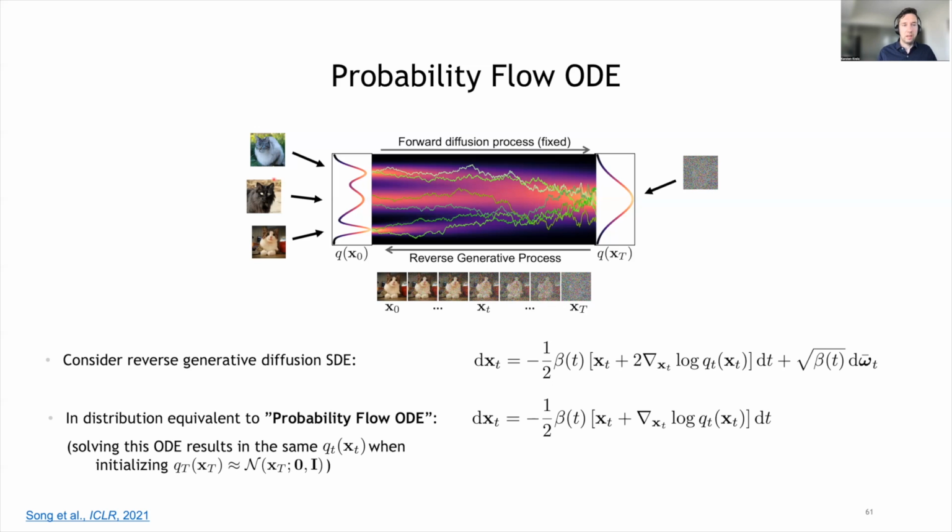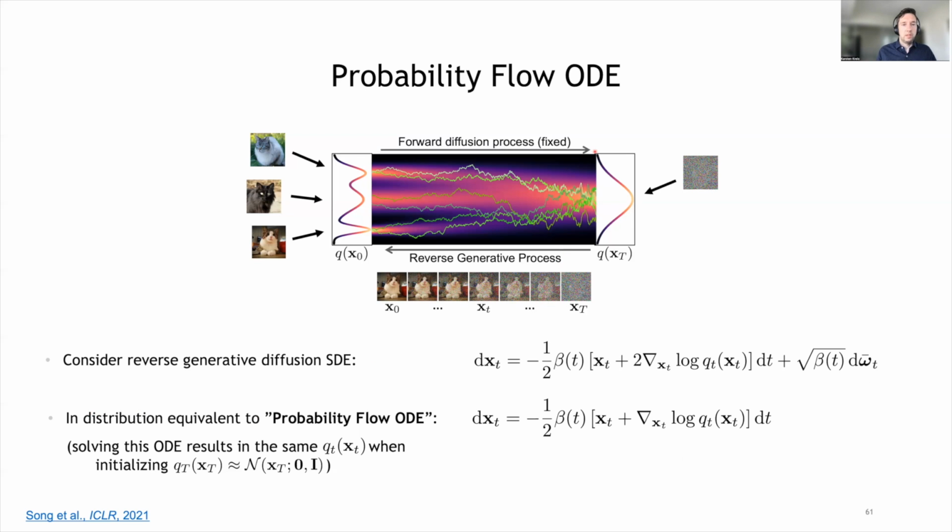Let us first have a look at this ODE itself. It is written down here. In contrast to the generative diffusion SDE, it doesn't have the noise term, and also the score function term, which we will then later learn with the neural network, doesn't have this factor of 2 in front anymore. So what do I mean with in distribution equivalent?